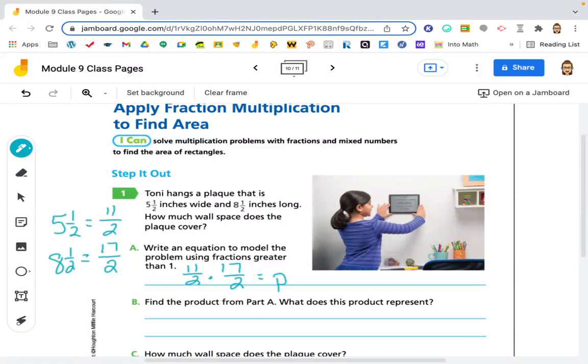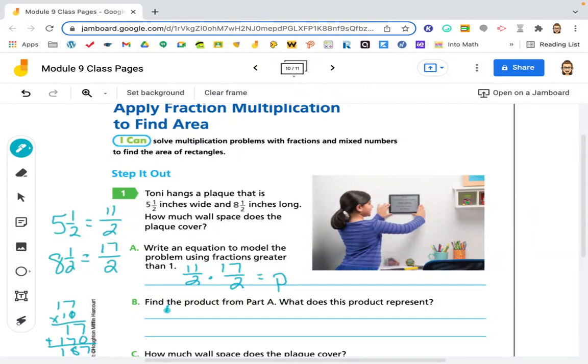So then it says find the product from part A. So that means we're going to multiply straight across. So if we do 17 times 11, 1 times 7 is 7, 1 times 1 is 1. Make a 0, place a 0, 1 times 7 is 7, 1 times 1 is 1. And then we add.